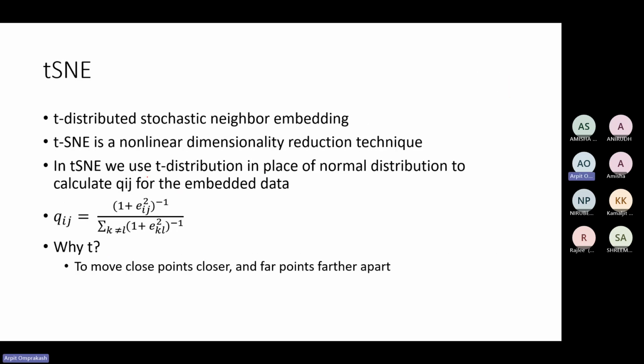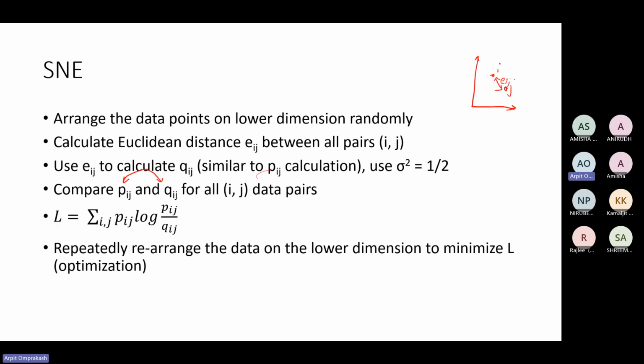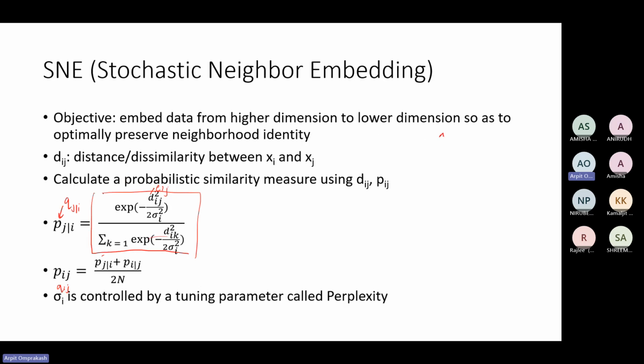Okay. The only difference is that in TSNE, we use a T distribution in place of a normal distribution when we are calculating Qij. So in SNE, when we calculated Qij, we use the same formula that we use for Pij. We just replace Dij by Eij, right?